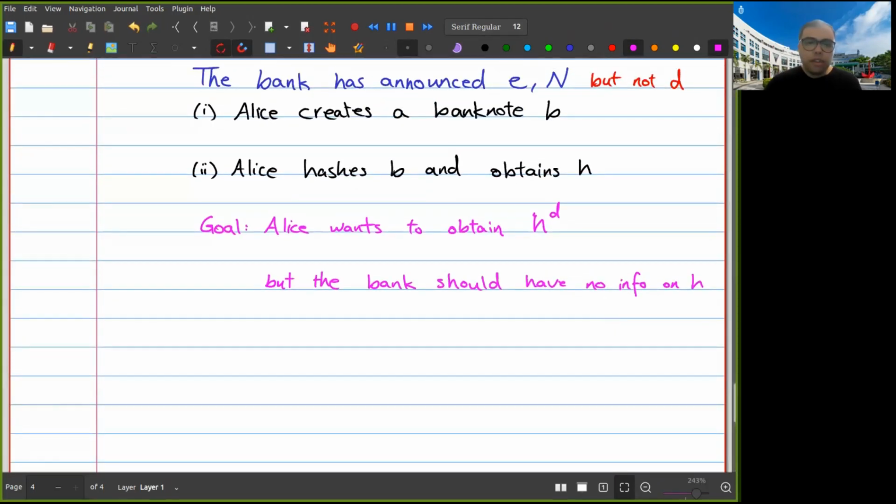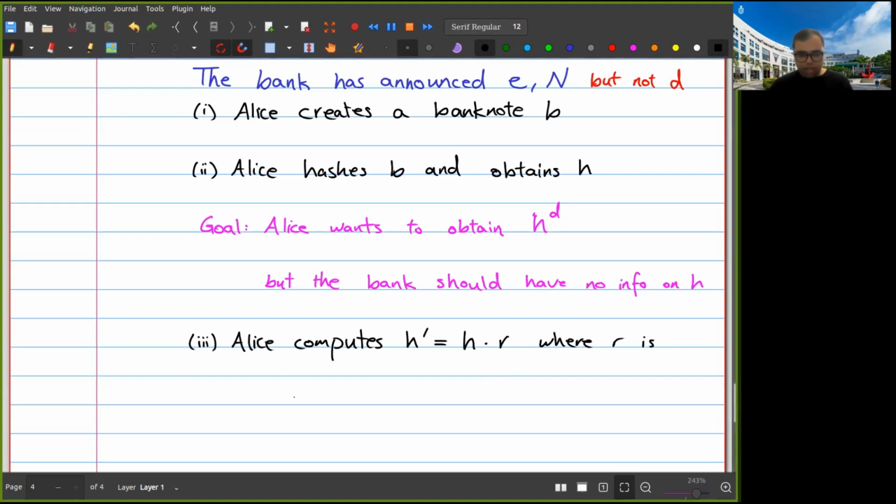Okay, so here's the next step. Let's say that I just take H and I multiply it by something. So Alice computes H prime, which is just H times R, where R is a random number. Alice chooses a random number, multiplies that into H, and calls that H prime.